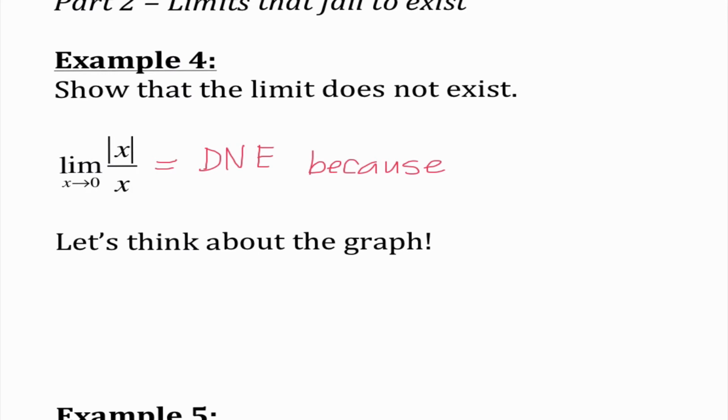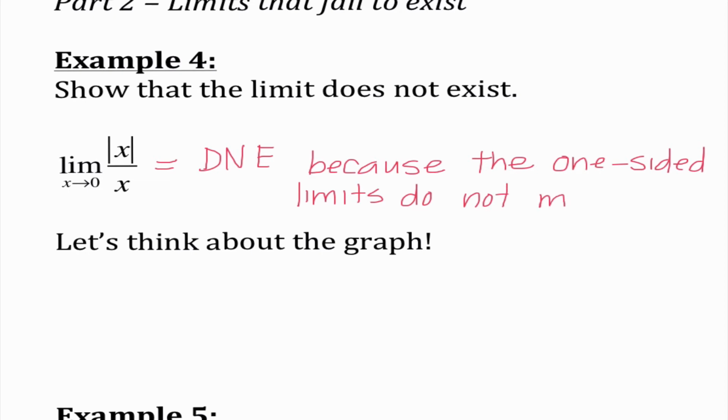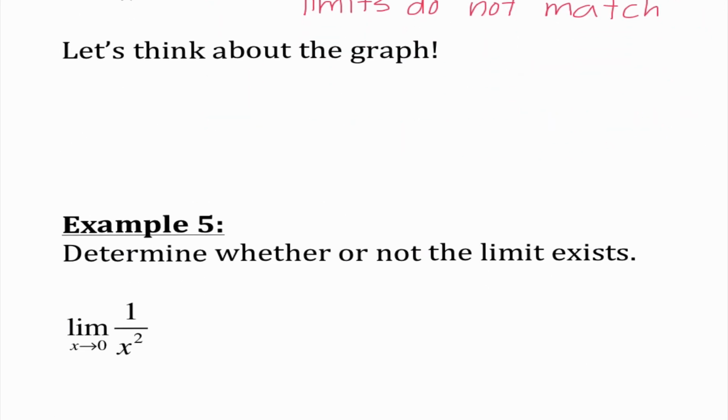We need to supply a reason. And I'm just going to write it because the one-sided limits do not match. Okay, that would be an adequate reason for you guys to go ahead and give.